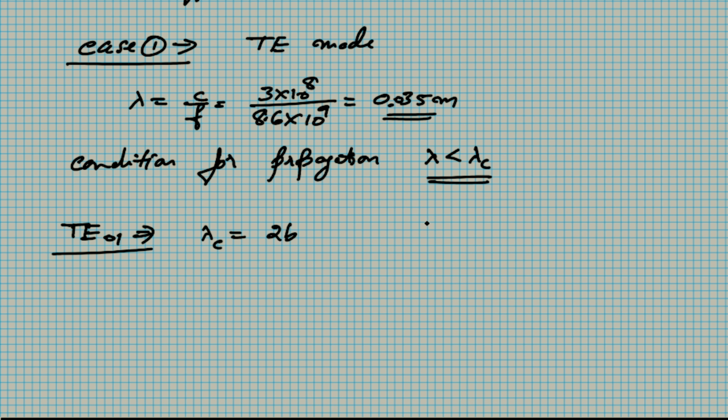You can even solve the same equation we wrote. The general equation I'll write here: lambda c for m comma n will be 2ab divided by the square root of m square b square plus n square a square. So now I think n is 1.